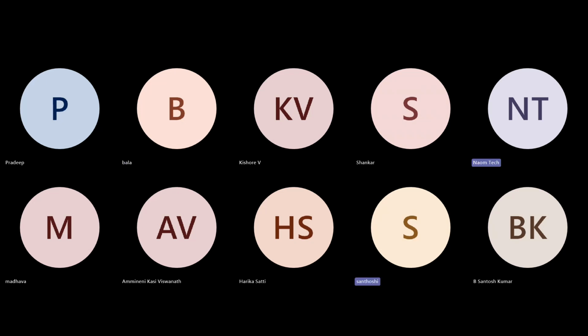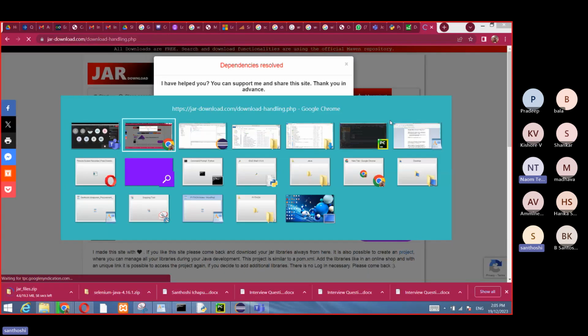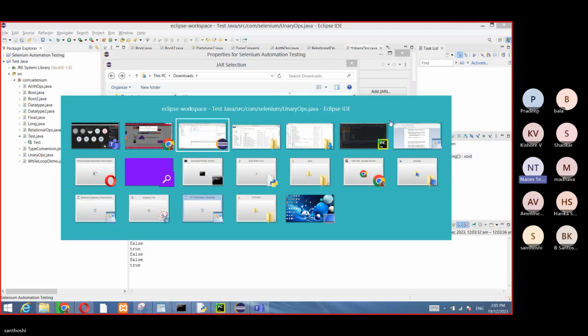No, I'm not able to share. Just a minute. You have this option. Can you try now, Santoshi? Now you can share the screen. You are a presenter now. Just give me one second. No problem. Maybe this helps others also to do this setup. Are you able to share the screen? Yeah, I'm able to share the screen. But still, I am not able to see. I think now it's started. Yeah, sure.